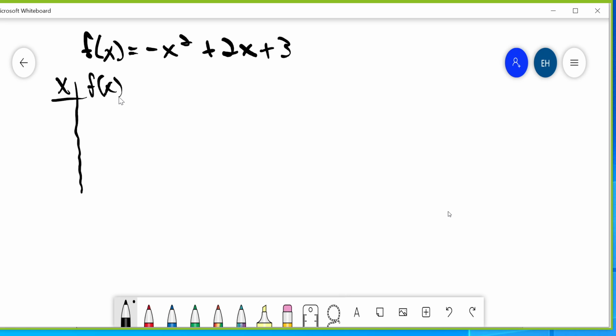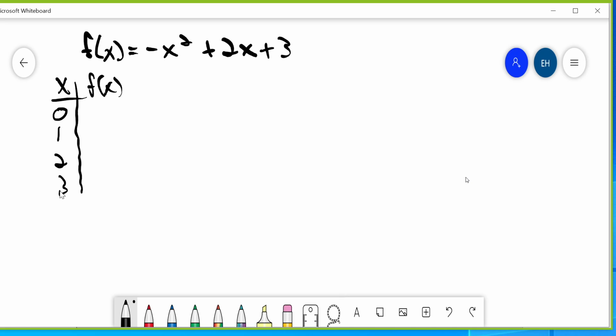And we're going to consider some values. What points am I supposed to do on this? I like to do 0, 1, and 2. I'll do 0, 1, 2, and 3.